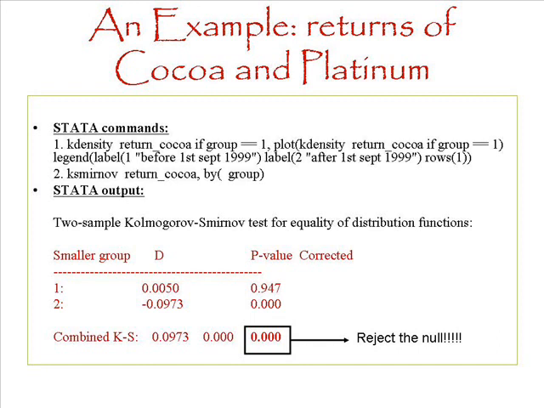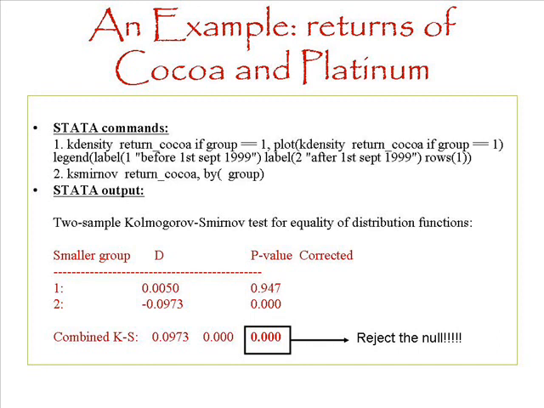I performed the kernel density estimation of the return of cocoa, plotted the kernel density function as you will see in the next slide, and finally I performed the Kolmogorov-Smirnov test.